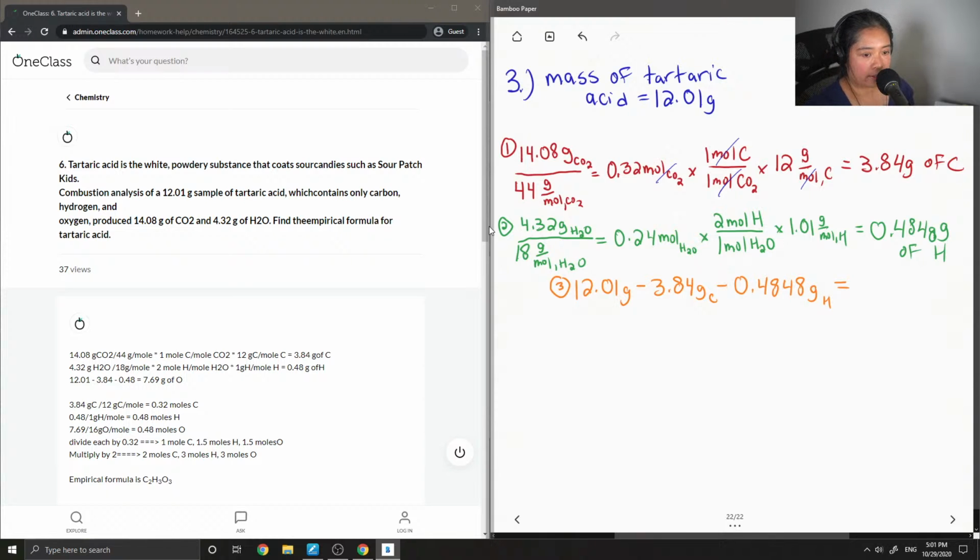And then we find out that 7.69 grams of oxygen makes up that tartaric acid.